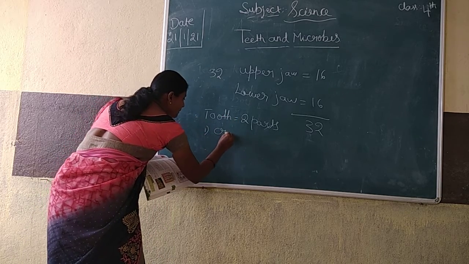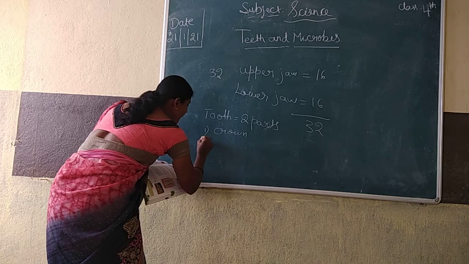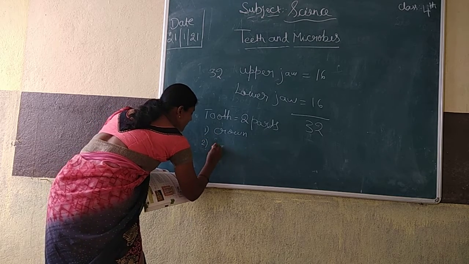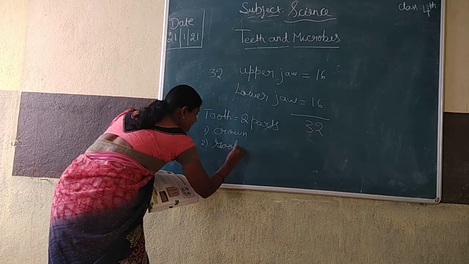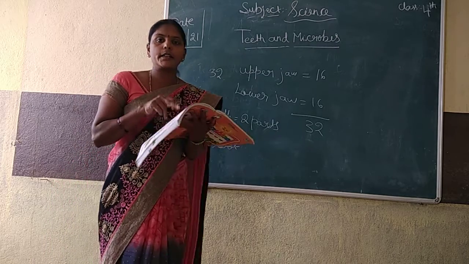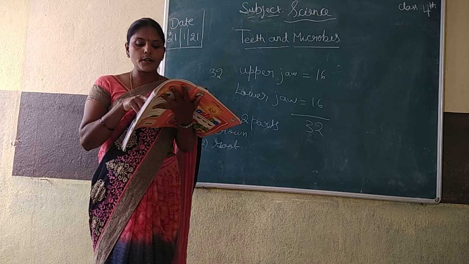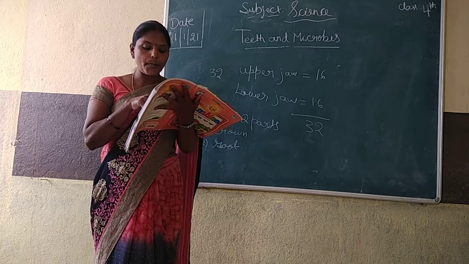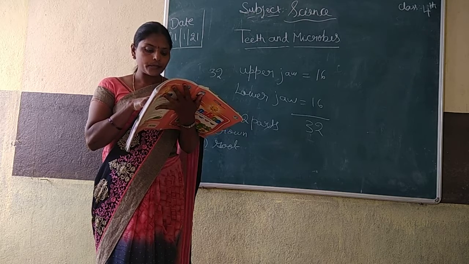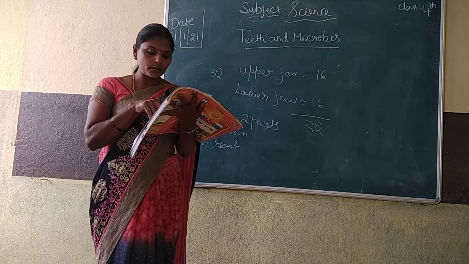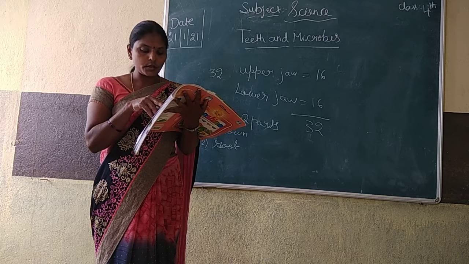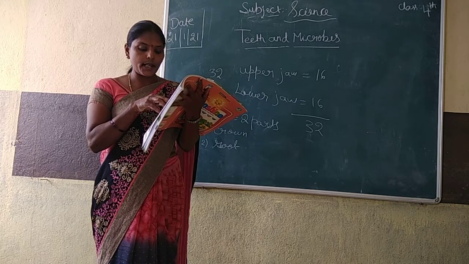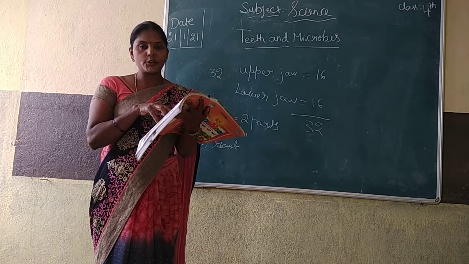One is the crown and the second one is the root. The part of the tooth that we see is the crown, and the part inside the gum is the root. Understood?